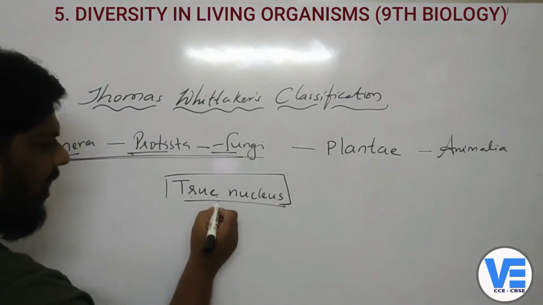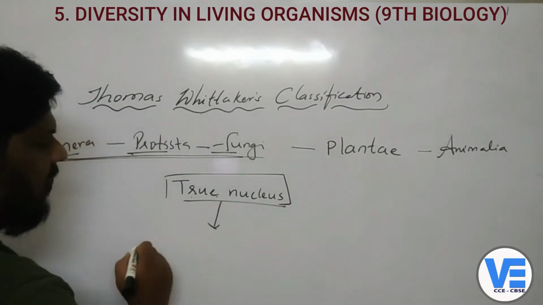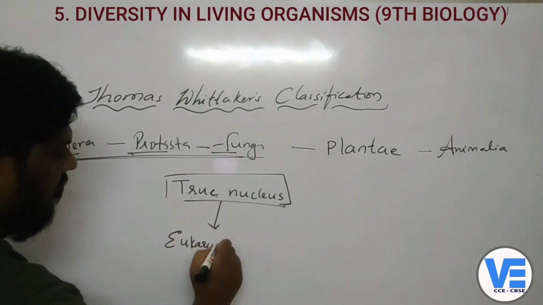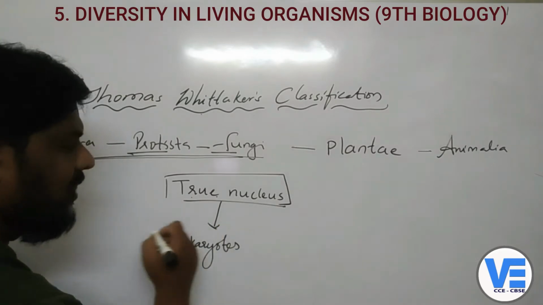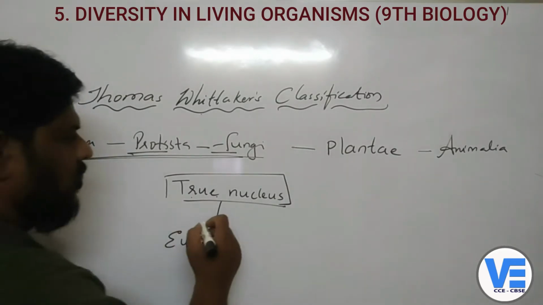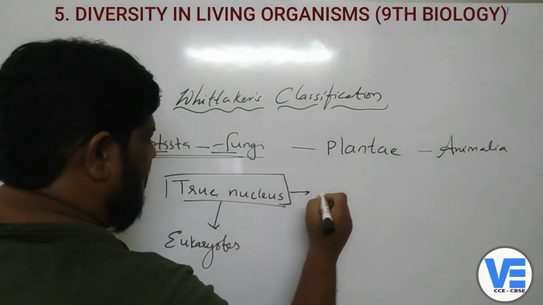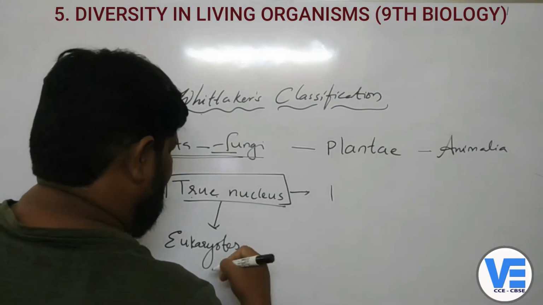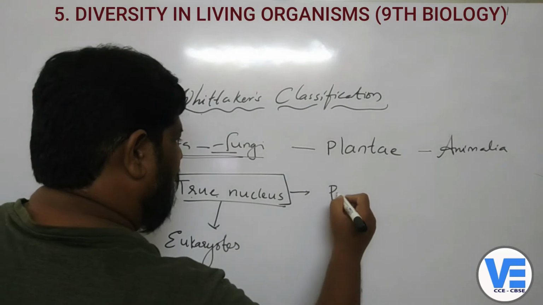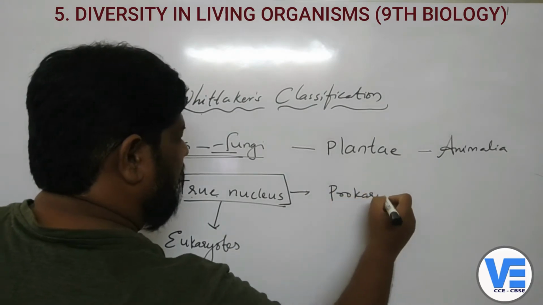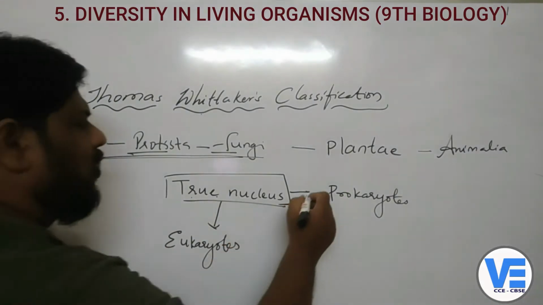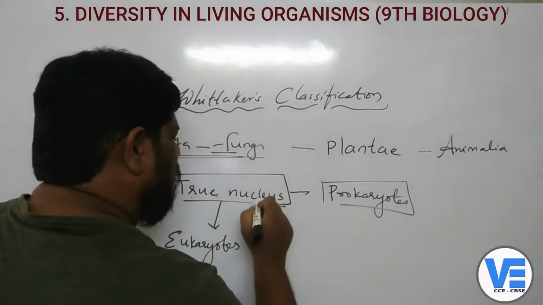If the organisms have a true nucleus, they are called eukaryotes, where the nucleus is distinct, where you can find a perfect nucleus. Then there are organisms which don't have a true nucleus. They are called prokaryotes. So these prokaryotes will not have a true nucleus.